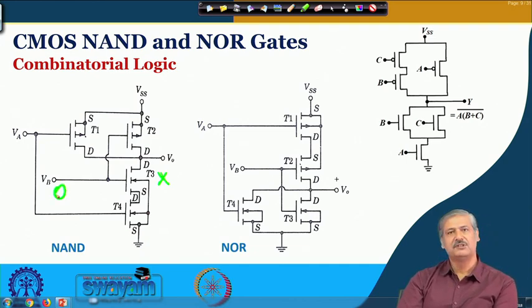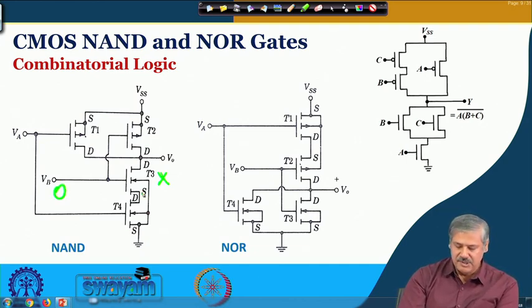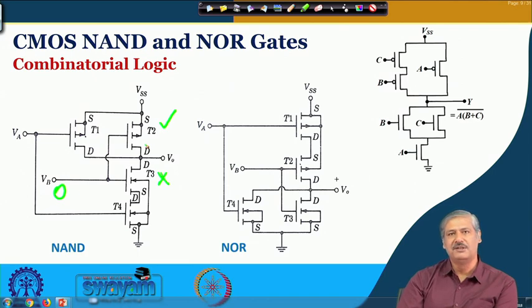When say this is 0, okay. But at that time, the corresponding VB, so this is 0 means this PMOS is on, right. So, the output is getting the VSS over here through this. Okay. So, the output will be high. Is it clear? So, any one of them being 0, there is a parallel path here at the output providing the voltage and the current, the power supply, and in the series any one of them is blocking it.